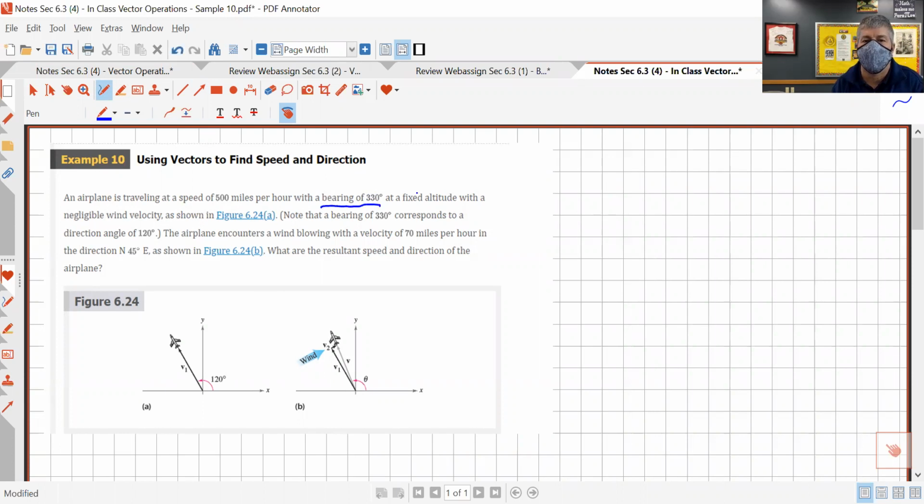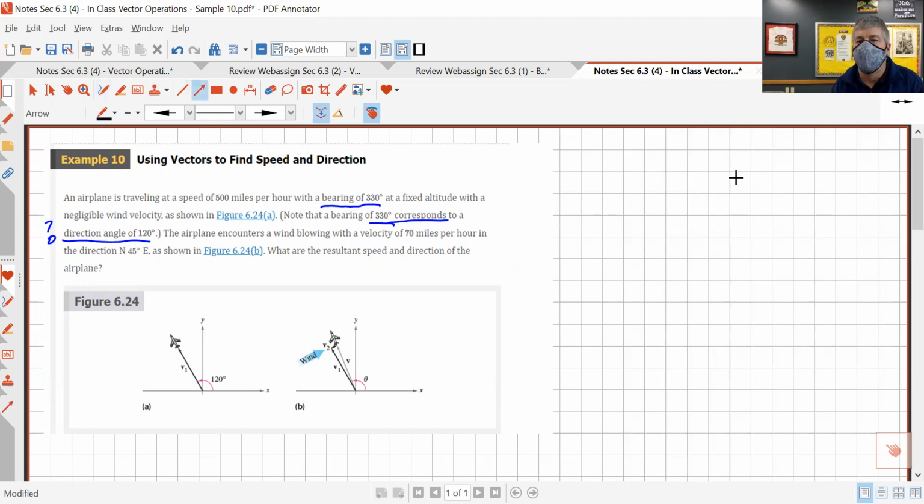What does that mean, a bearing of 330? And a fixed altitude, negligible wind and velocity. It says, note that a bearing of 330 corresponds to a direction angle of 120. So what the heck does that mean?